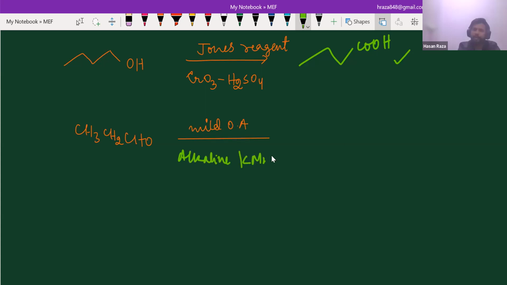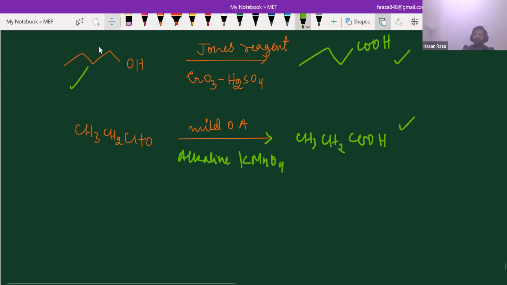This will be directly converted into carboxylic acid, propanoic acid, CH3CH2COOH. This part we have already studied. That's why we can move ahead, right?